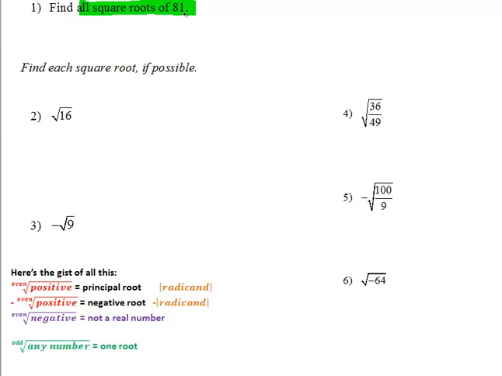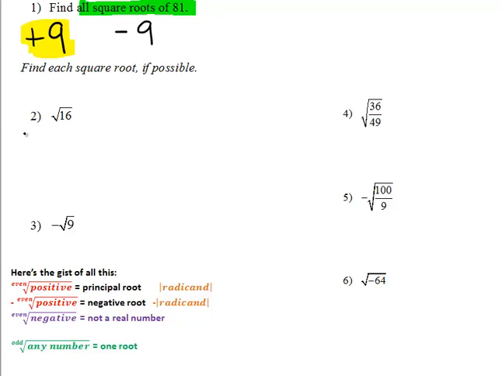So the square roots of 81: what number times itself makes 81? Well, that would be positive 9 and negative 9, because negative 9 times negative 9 is 81. These are all the square roots. If I had just asked you for the principal square root, it would be only the positive one.